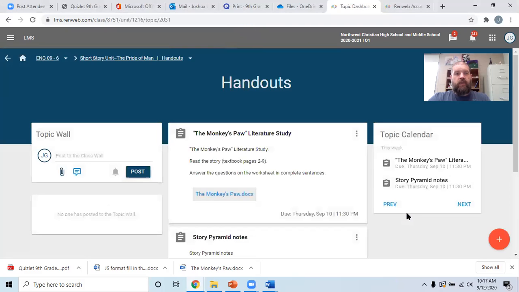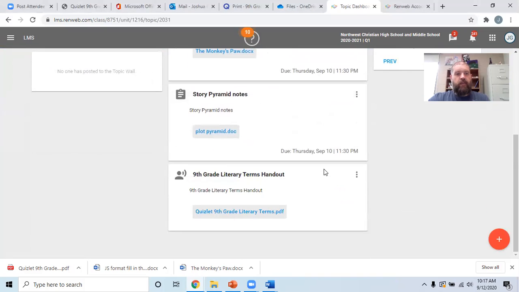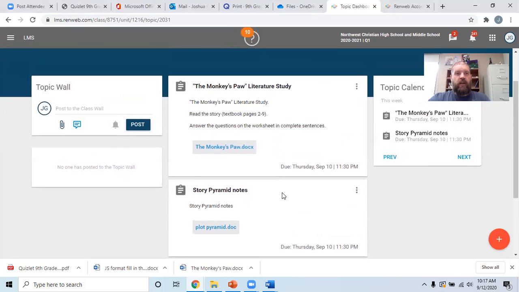You click handouts and you can find the 9th grade literary terms handout, which I was just showing you on the screen right there. The next thing you can do is click the Monkey's Paw literature story. It was brought to my attention that a lot of people read this last year in 8th grade, so I apologize for that.